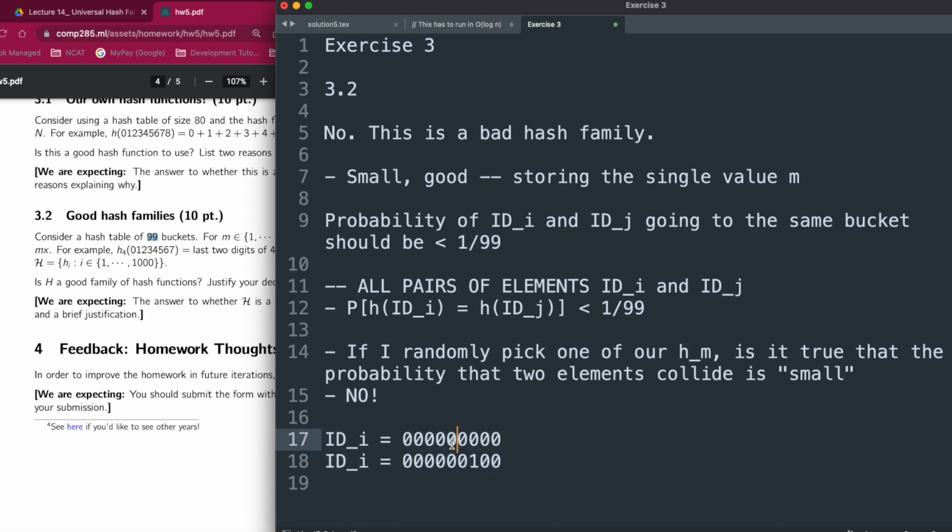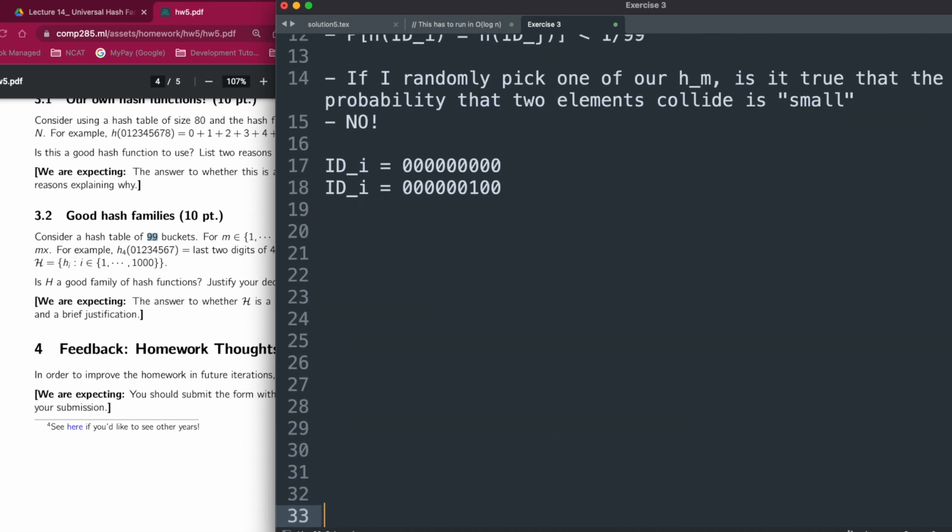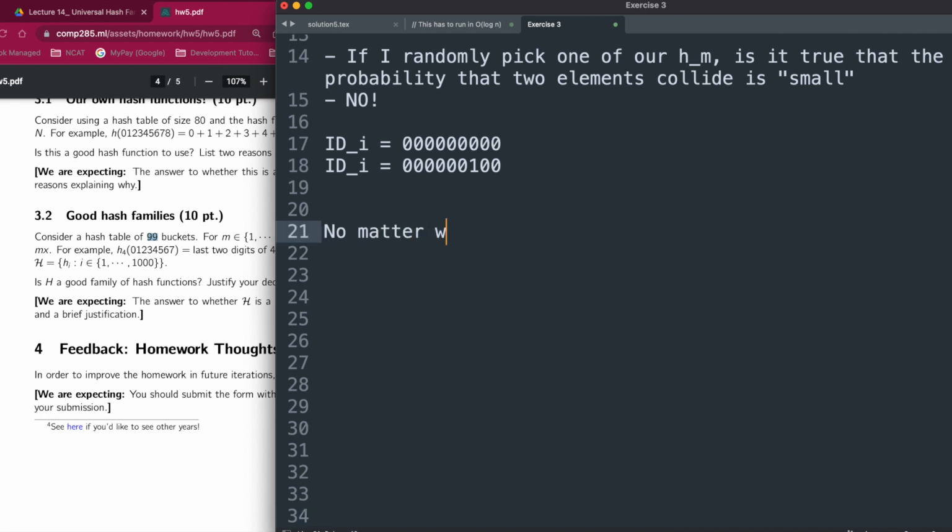What I claim is that no matter what m is, no matter which hash function I pick, h of ID i, which is given by m times this mod 100, is 0, 0. So no matter which hash function I pick, it always gives me 0, 0.